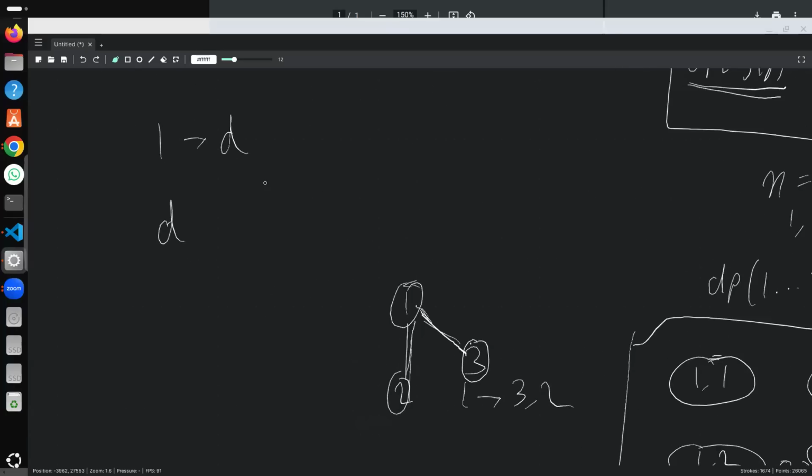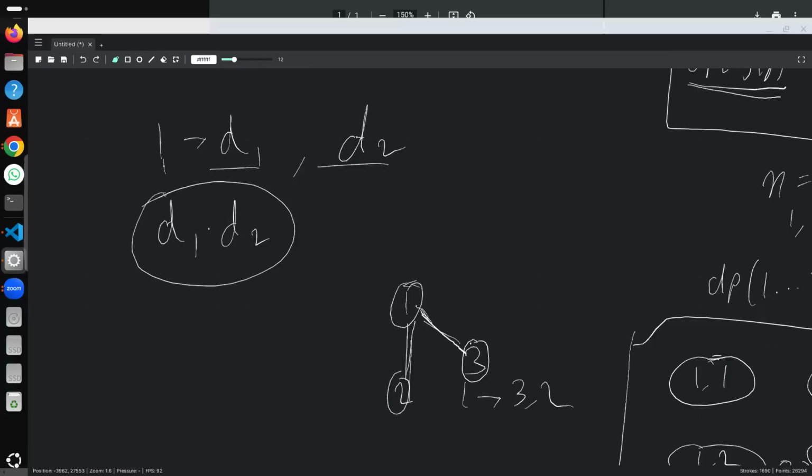In graph 1, vertex 1 has degree D1, and in graph 2, vertex 1 has degree D2. So from (1, 1), how many nodes can we go to? That's just D1 times D2, because there are these many edges outgoing. We can choose anyone from here and anyone from here.